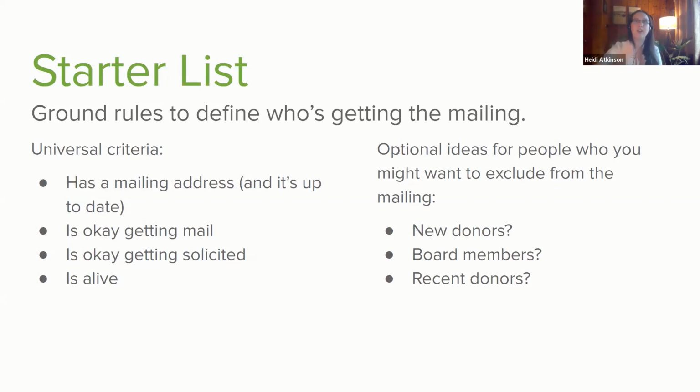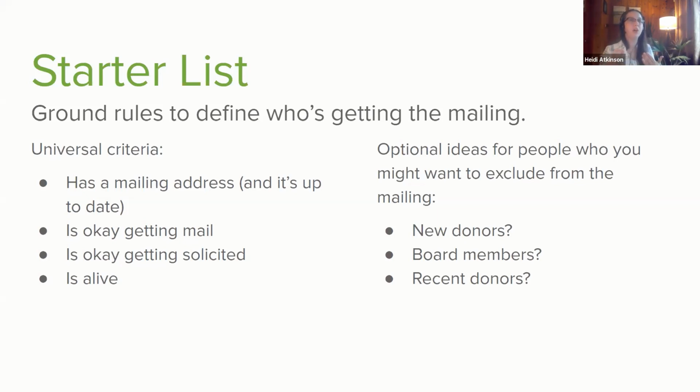And then over here on the right, I've got some optional ideas. I think for every organization, you'll probably have in your own heads somebody who you're tracking in your database or in your system, but doesn't necessarily need to get this appeal letter. I've seen scenarios where we've said, I know I'm sending this appeal letter out this week. I don't want it to go to somebody who's a brand new donor. I want their next touch to us to be on the new donor cultivation path, not this more global appeal letter.